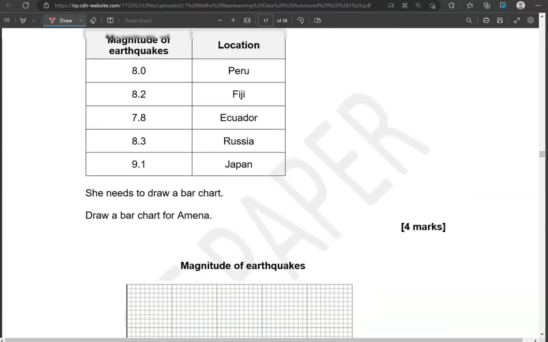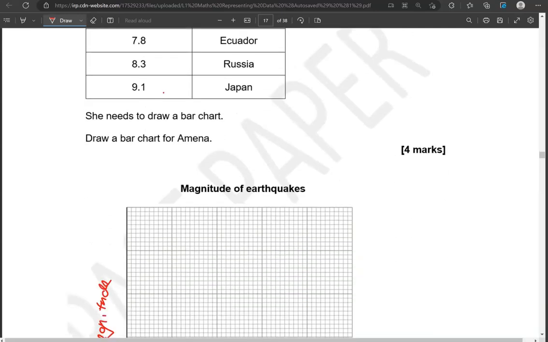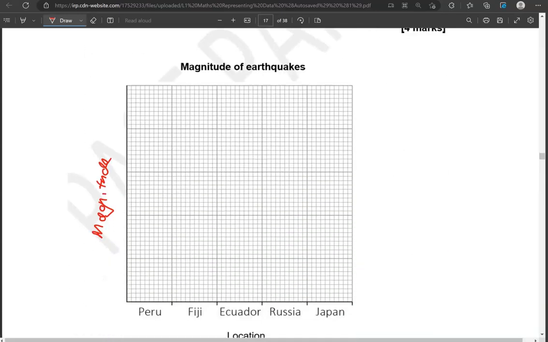And it goes up to 9.1. That's the highest. So starting with 0, we go to 2, 4, 6, 8, 10.